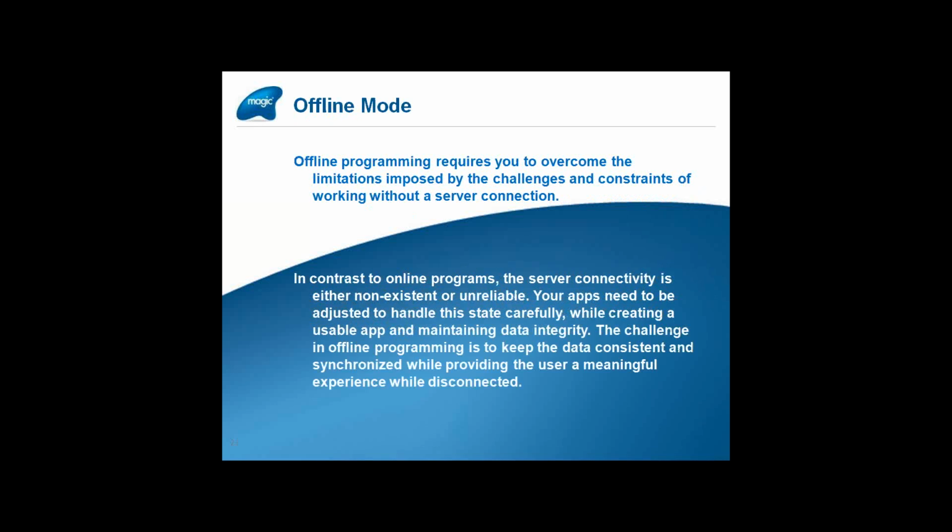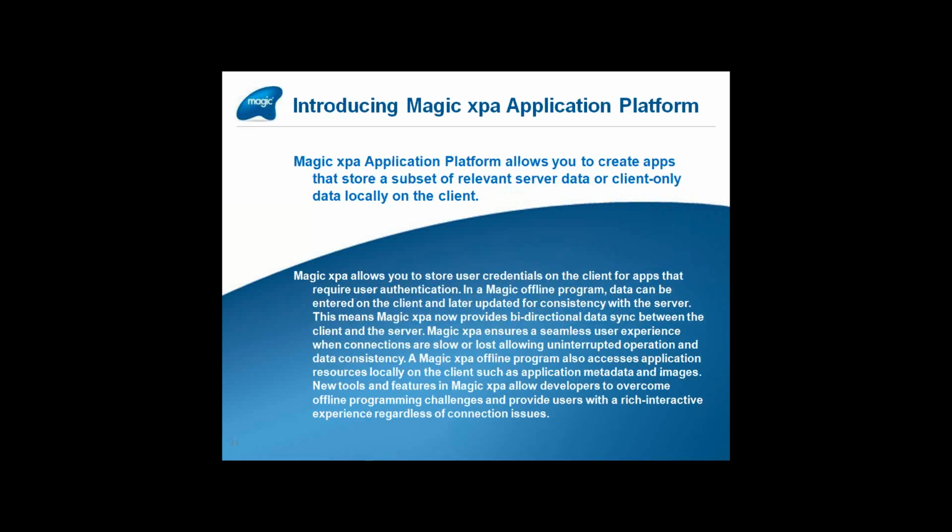And with the Magic XPA application platform, offline programming is available. It allows you to create apps that do things like store user credentials on the client, and you're able to work with the synchronization issues between the mobile client and the backend server and so on.